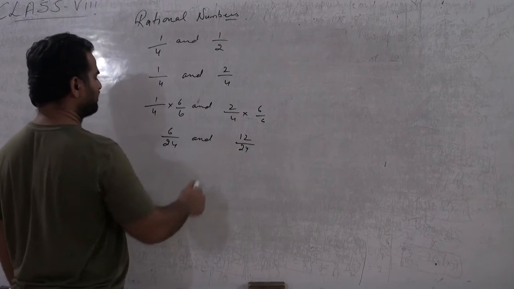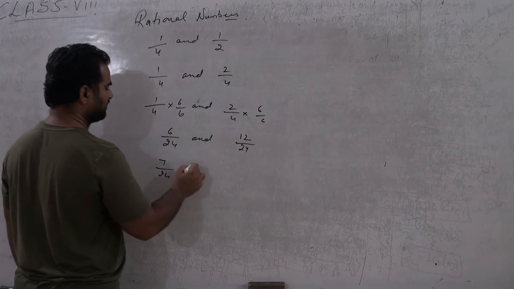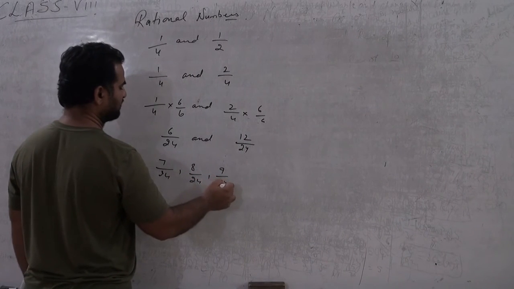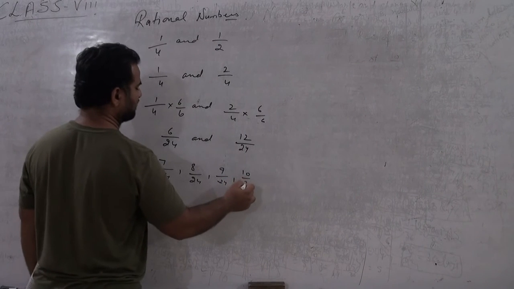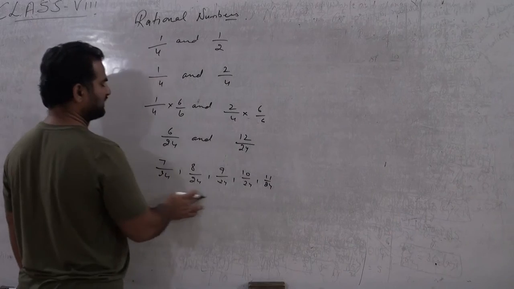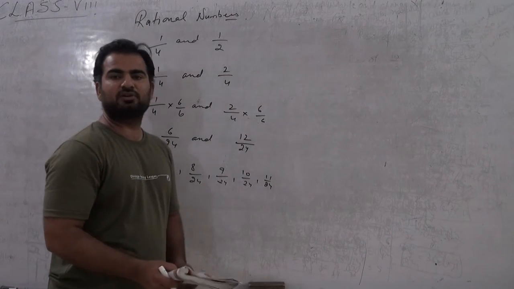Between them we can have 7 upon 24, 8 upon 24, 9 by 24, 10 by 24, 11 by 24. These are the 5 rational numbers between 1 upon 4 and 1 upon 2.